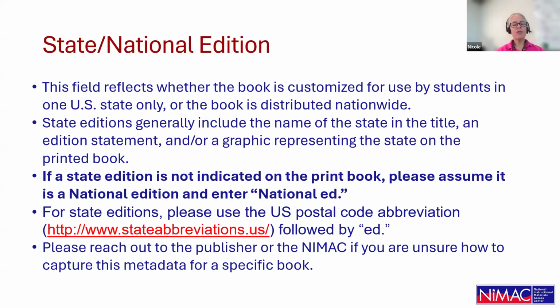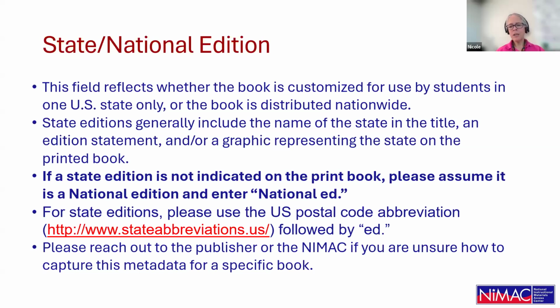A lot of times there's not going to be any designation at all on the PDF or the printed book. And in those cases, just assume that it's a national edition. We do ask that you use the U.S. Postal Code abbreviation followed by ED period to capture this, or just national ed if it is the national edition. And if you have any questions, feel free either to reach out to the publisher or to reach out to the NIMAC.